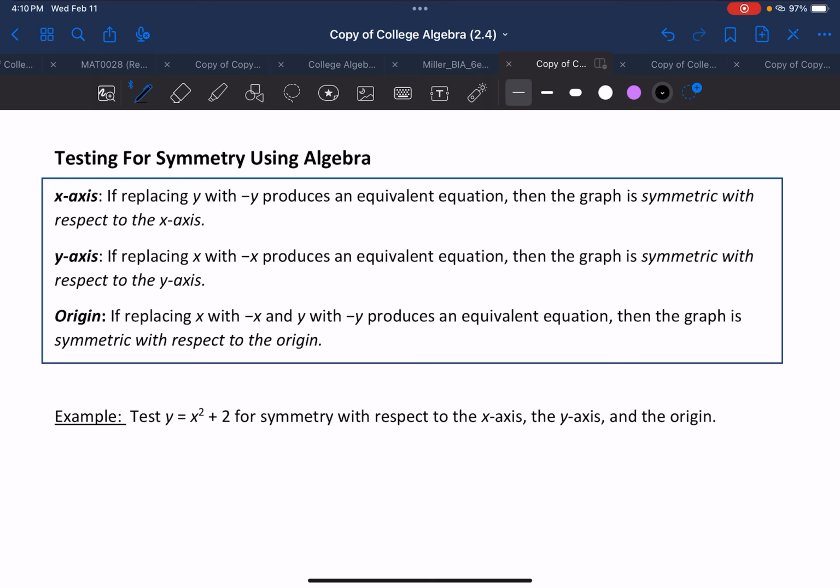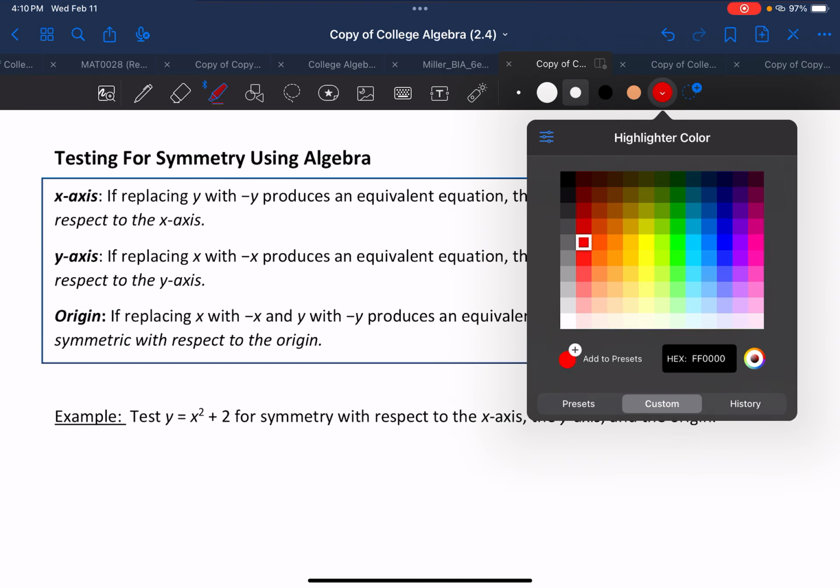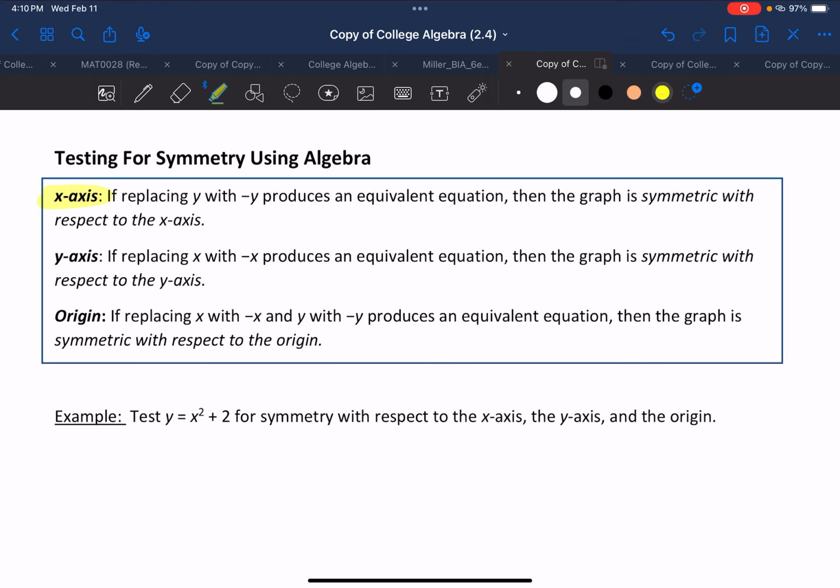Okay, so we do have algebraic tests to determine symmetry with respect to the x-axis, the y-axis, and the origin. So we're going to talk about that. So the first one is the test for whether a function is symmetric about the x-axis.